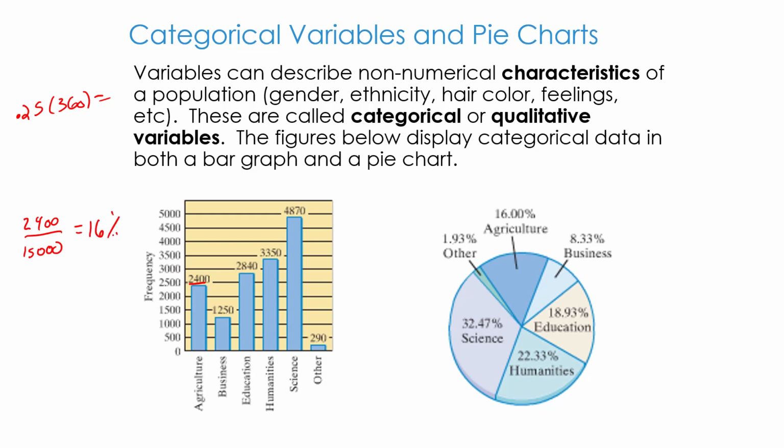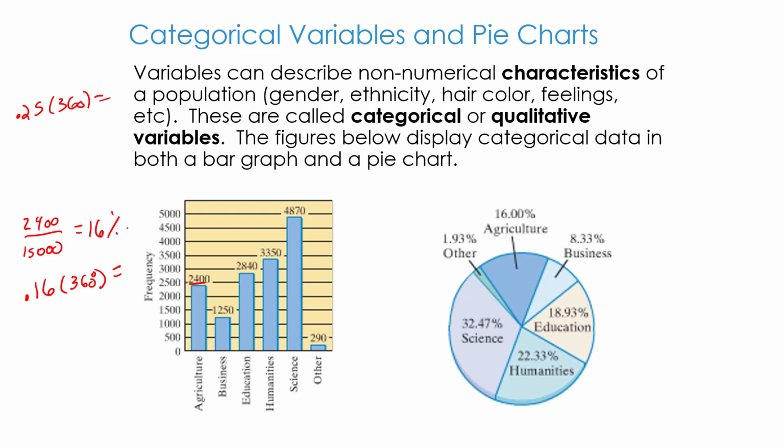Now, to put this on the pie chart, one complete revolution is 360 degrees. So we take the 16% and multiply it by 360 to see how many degrees my slice of agriculture should be. So 0.16 times 360 is 57.6.